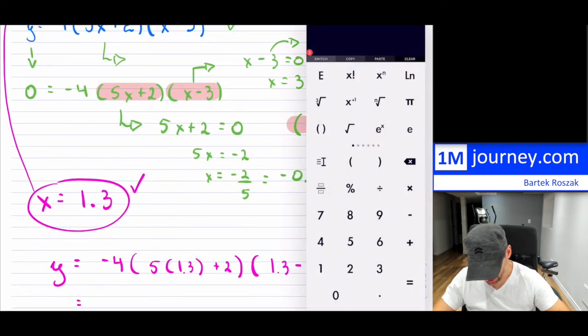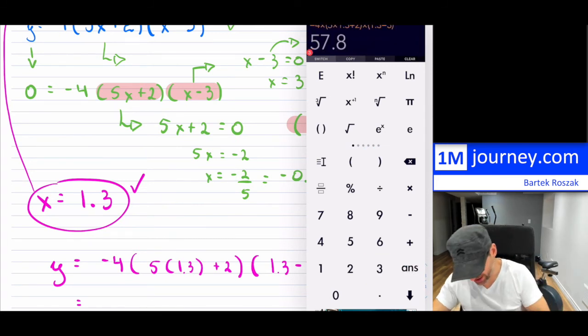All right, let me substitute it all back in so it's a little bit quicker. So -4 times, and then 5 times 1.3 plus 2, in brackets, multiplied by 1.3 minus 3, also in brackets. And notice, indeed, it is 57.8.